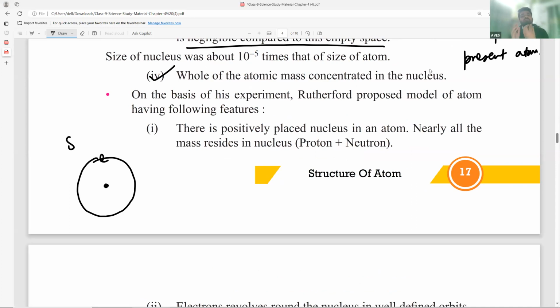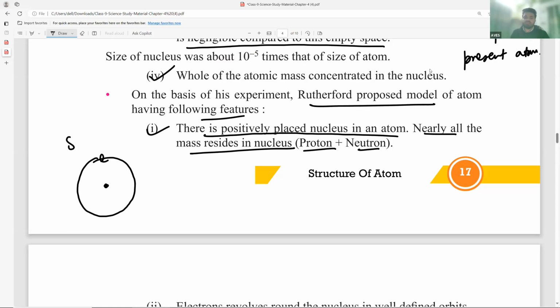The well-defined orbit concept comes from the solar system. Like the sun is at the center, he considered the nucleus to be at the center in the atom, and like the planets revolve around the sun, similarly electrons revolve around the nucleus. So according to his model, there is a positively charged nucleus in the atom, and nearly all the mass of the atom resides there, meaning neutrons and protons lie in the nucleus.